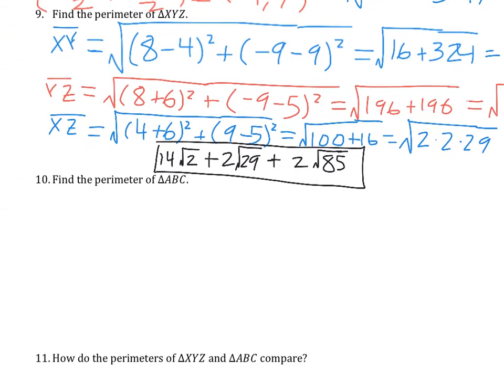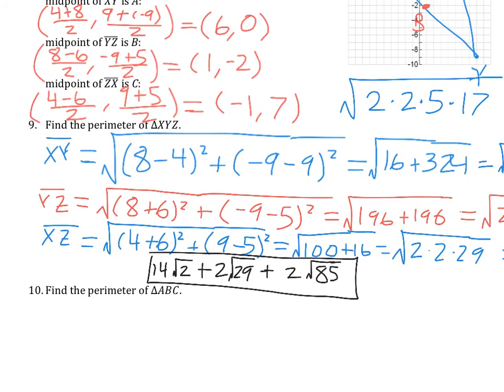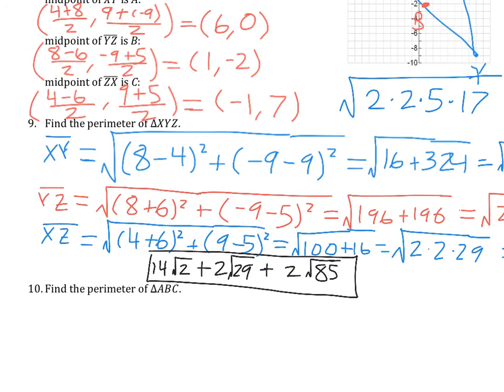Alright, now they want the perimeter of ABC. Alright, so let's find those three lengths. Alright, the coordinates of A are 6, 0. The coordinates of B are 1, negative 2.